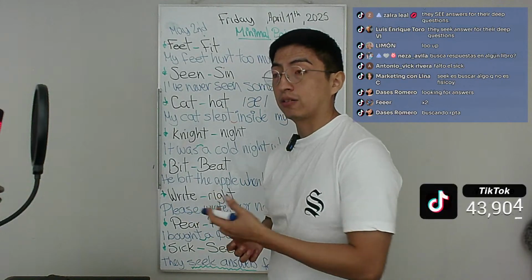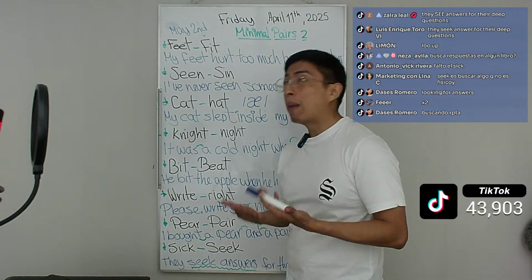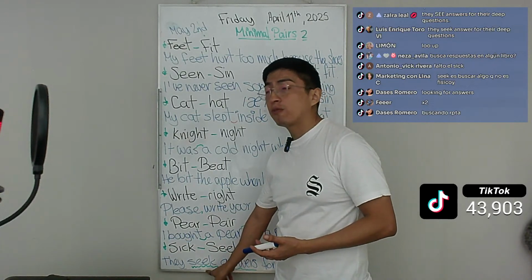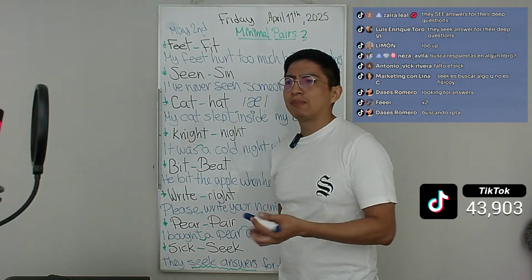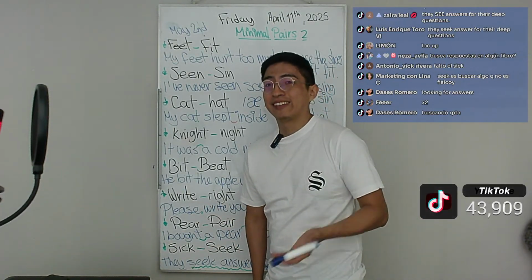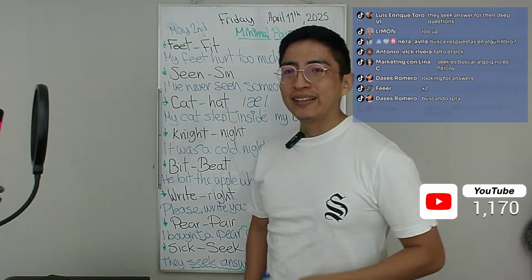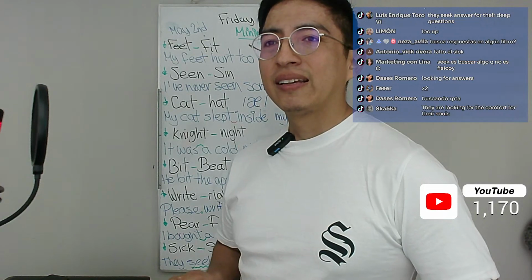I'm seeking an answer. We can use that. But we can use seek, for example, for physical things, like I'm seeking my keys, I'm seeking my wallet. We can say something like that. Very good. Nice.